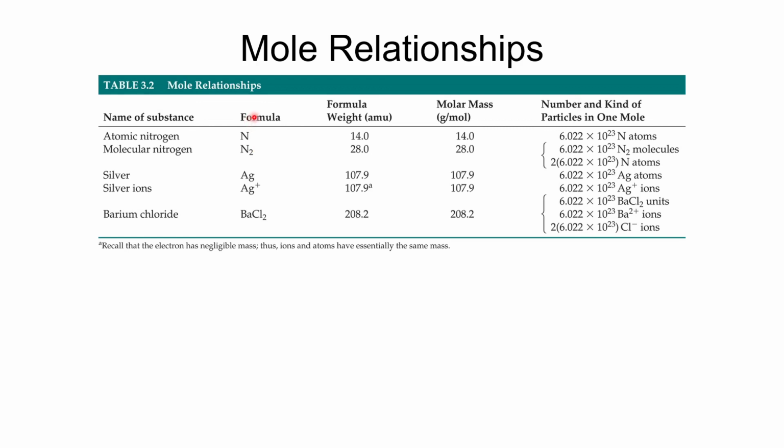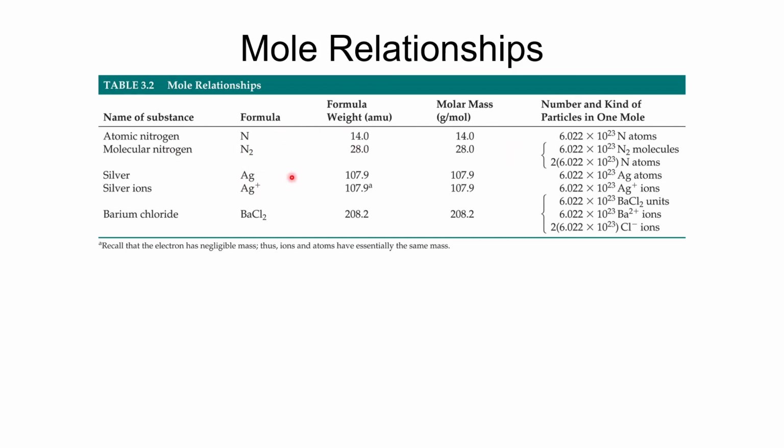I'll show you different examples of this. But like in the next thing that we're going to be doing, we're going to be looking at how many moles of the atomic element we have. Whereas there are going to be other times where we're interested in the molecular. So you just have to pay attention to the context. Of course, this molecular nitrogen is going to be twice as heavy, so twice as big as the atomic nitrogen would be.